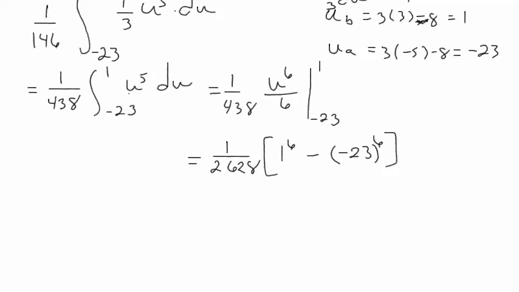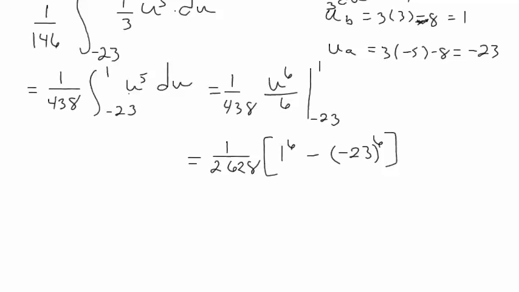I think I know why. I put a subtraction sign instead of a negative sign. That's going to get you every time. Okay. And we get some gigantic, huge number. But we're going to divide that by 2628. And we still get a big number.